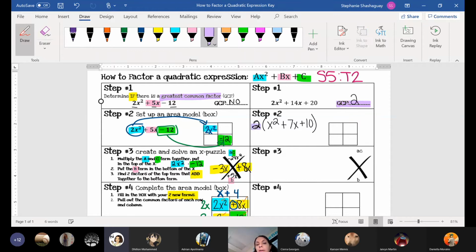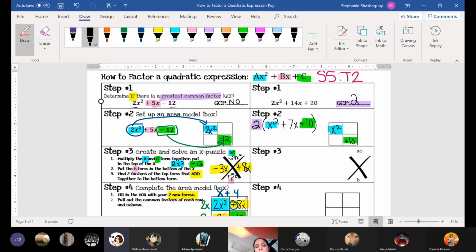So now that we've pulled out our greatest common factor, now we can use our new expression to fill in our box. Okay, so we're going to fill in our x squared in the top left-hand corner and our positive 10 in the bottom right-hand corner.